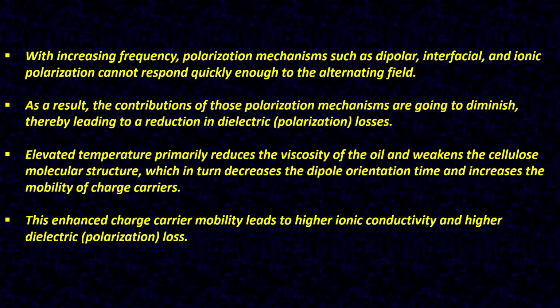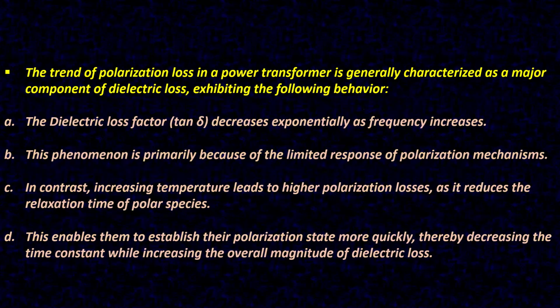This enhanced charge carrier mobility leads to higher ionic conductivity and higher dielectric polarization loss. The trend of polarization loss in a transformer is generally characterized as a major component of dielectric loss, exhibiting the following behavior.